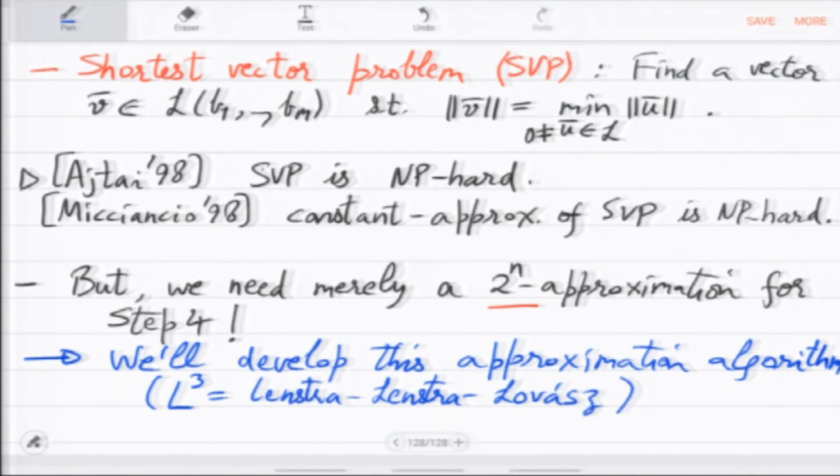So this is the main content of the L cube algorithm: they give an approximation algorithm to solve the SVP problem, and then as an application, as we have seen in step 4, they can factor integral polynomials in deterministic polynomial time. So this is what we will develop in the end.